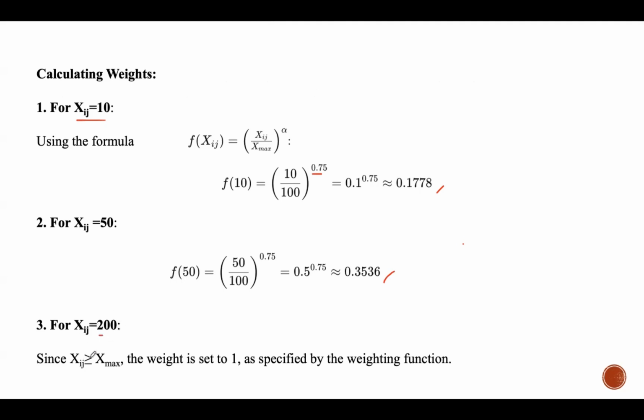Here you can observe clearly that the Xij value is 200, whereas the threshold value is 100, right? So if the Xij value is greater than X max, then Xij will be equal to X max only. So the weight will be set to 1 as specified by the weighting function. It indicates that this pair will be capped and won't increase any further, no matter how high the co-occurrence count is.